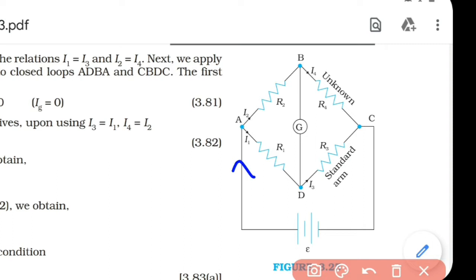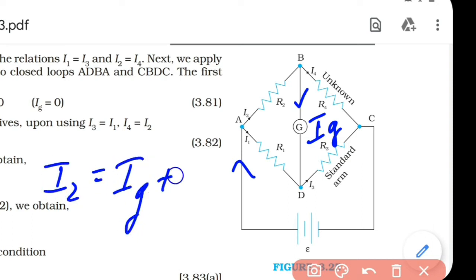Now reaching B, that current I2 splits into I4, and a current IG flows through the galvanometer. So current I2 splits into I4 and IG. By Kirchhoff's law we can write I2 is equal to IG plus I4. By Kirchhoff's junction rule we can write that equation.